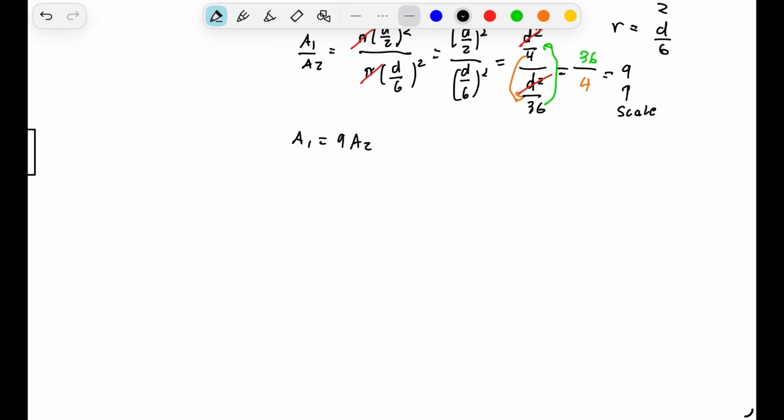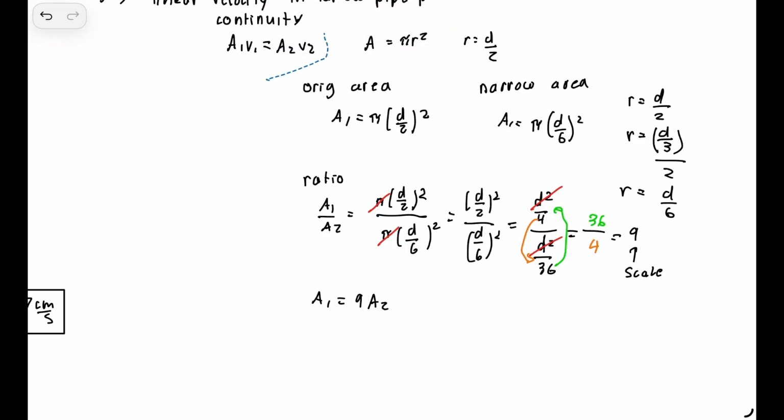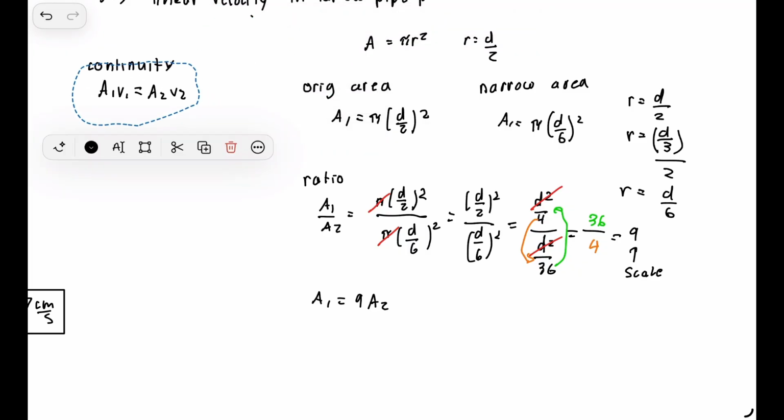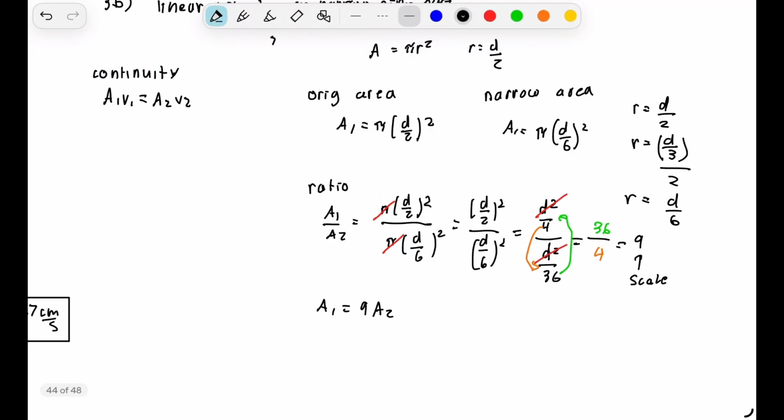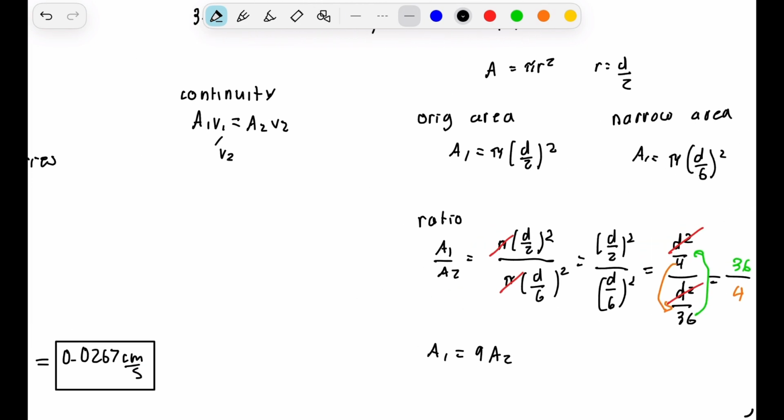So if we solve for v2, using our continuity equation, A1 v1 is equal to A2 v2. So v2 is equal to A1 over A2 times v1.